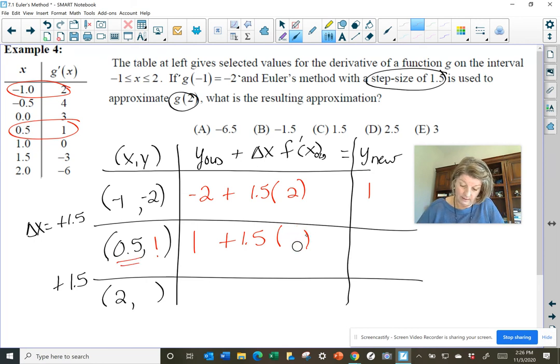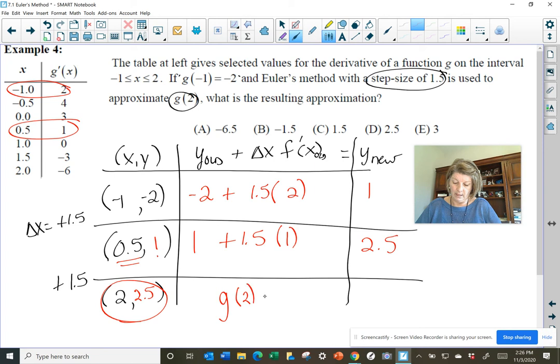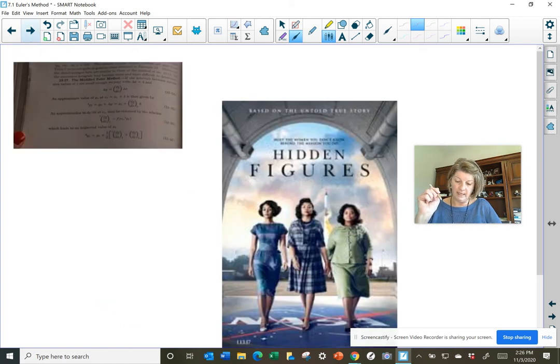So that is not 0, that is 1. 1.5 plus 1 gets me 2.5. That comes down. I now have my ordered pair. When x is 2, I'm going to approximate g to be a y value of 2.5. Okay? That is it, you guys.